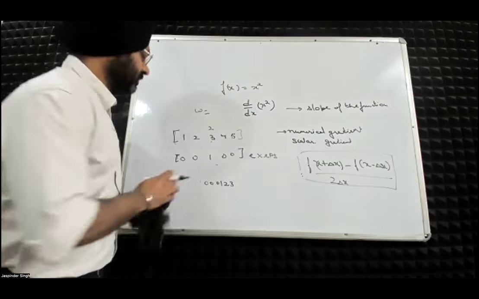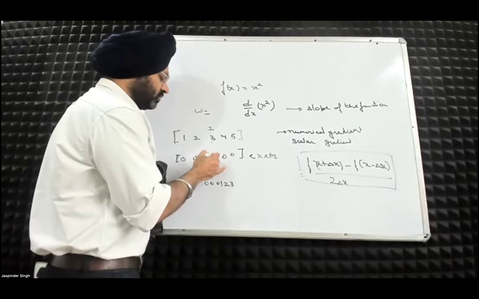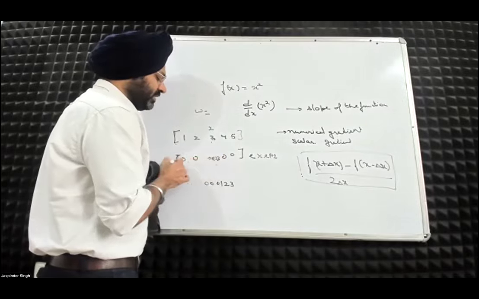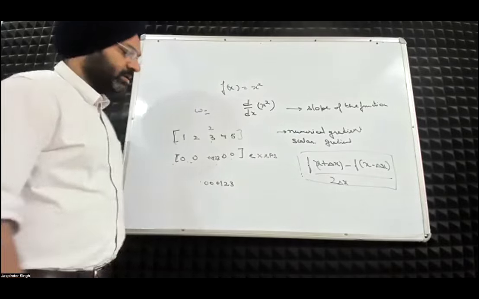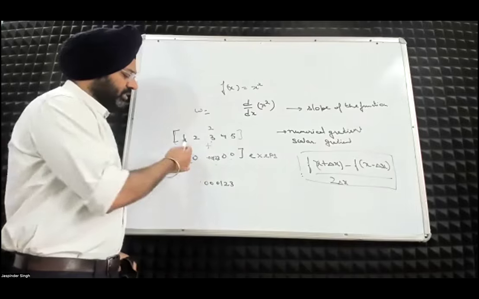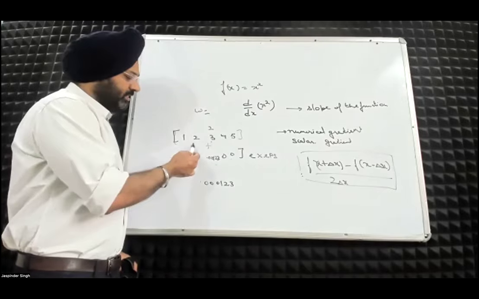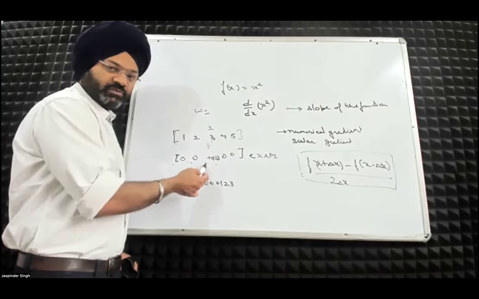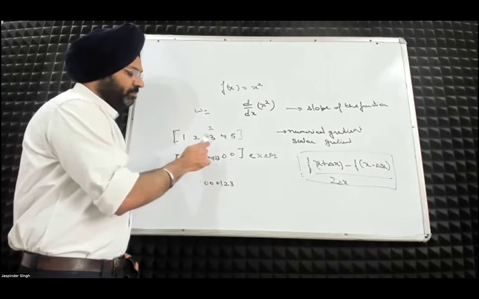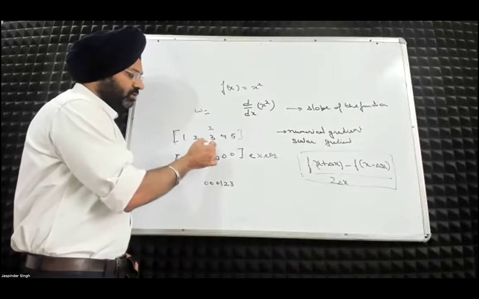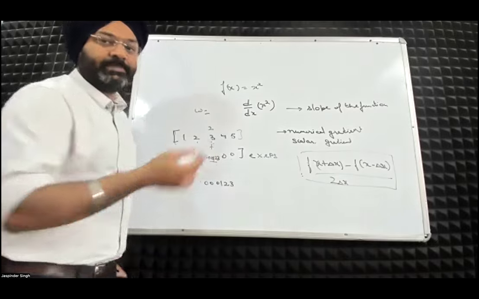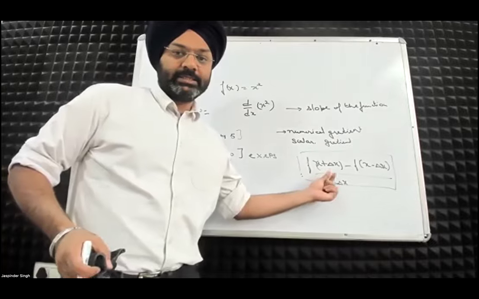So this becomes 0.00123. Rest everything is 0.000. Now what we did, we just added that. So this remains constant. This remains constant. Step in the forward direction. If it's step in the backward direction, then we are doing this, minus 1 plus 0, 2 plus 0, 3 plus this small step, delta x.